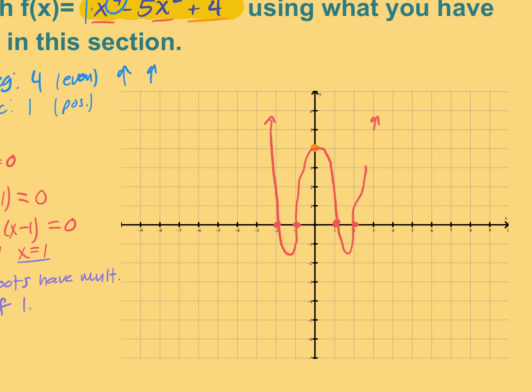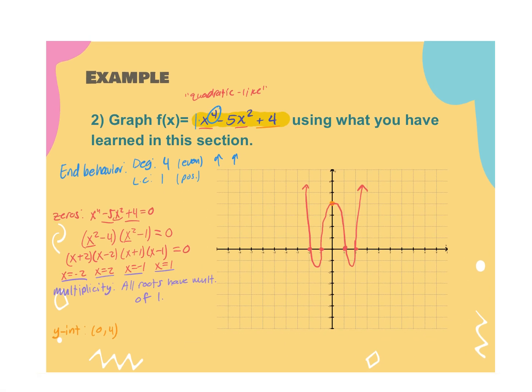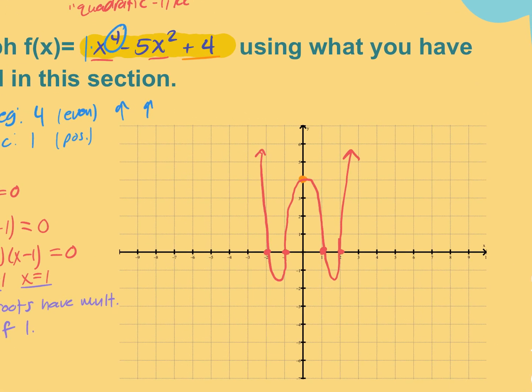And we know that it's going to go forever up. Whoa, I kind of messed it up right there. So we know that it has to go forever up in that direction. That satisfies all the criteria that we had just established. It goes up in both directions, it crosses all of our x-intercepts, and it hits the y-axis at 4. That's really all we need.